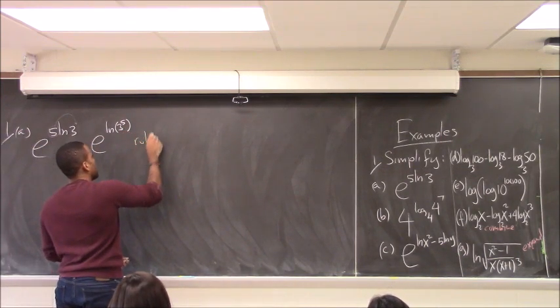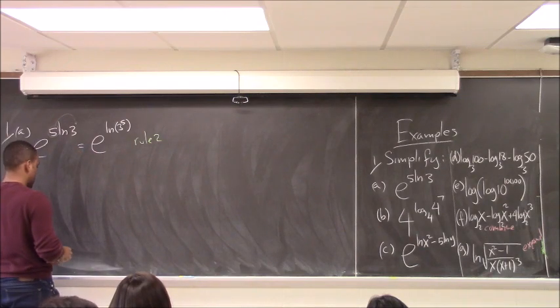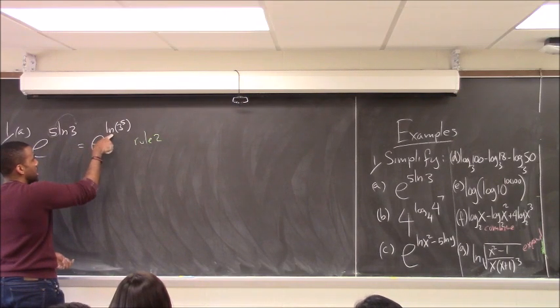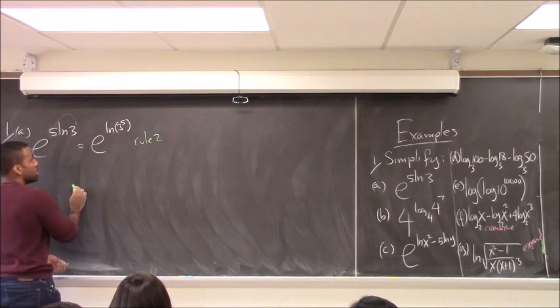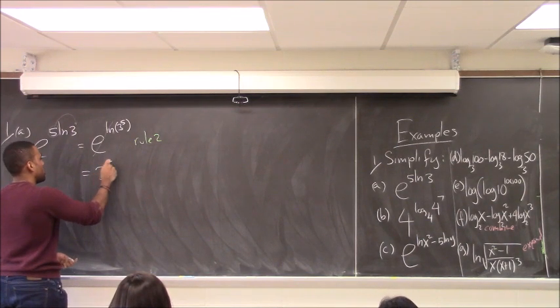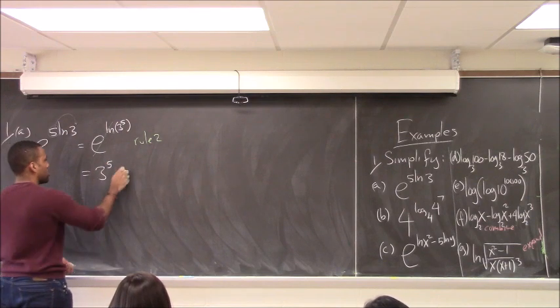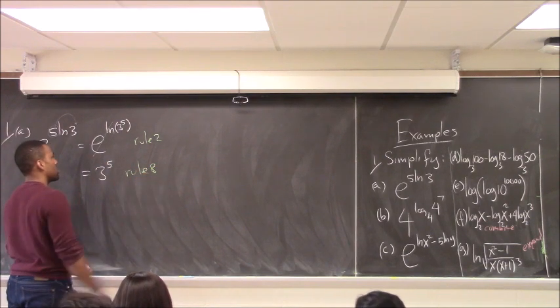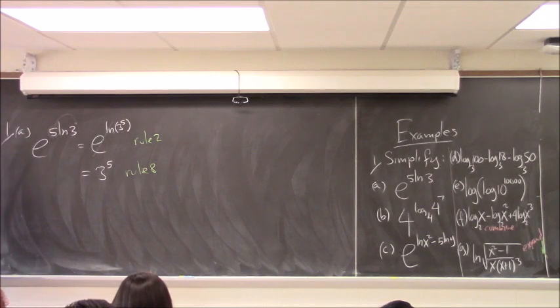This is rule 2. And then, if I take e and ln, remember ln has base e, so they can cancel each other, and I just have 3 to the 5th. And that was by rule, I forgot, was that 8 or 9? That's 8, I think. Yep, so that's just 3 to the 5th.